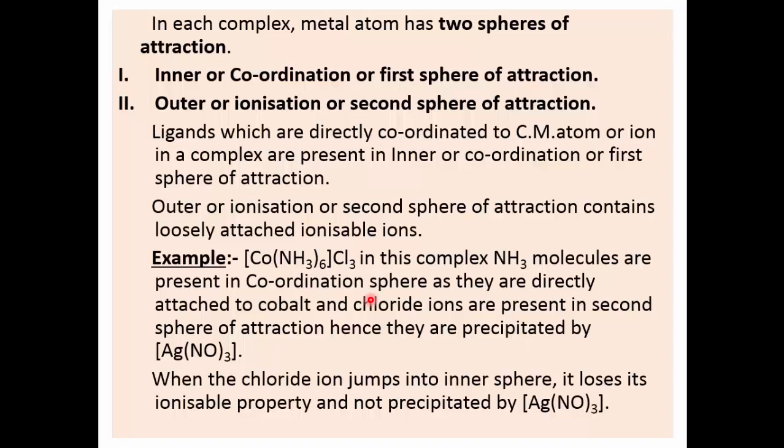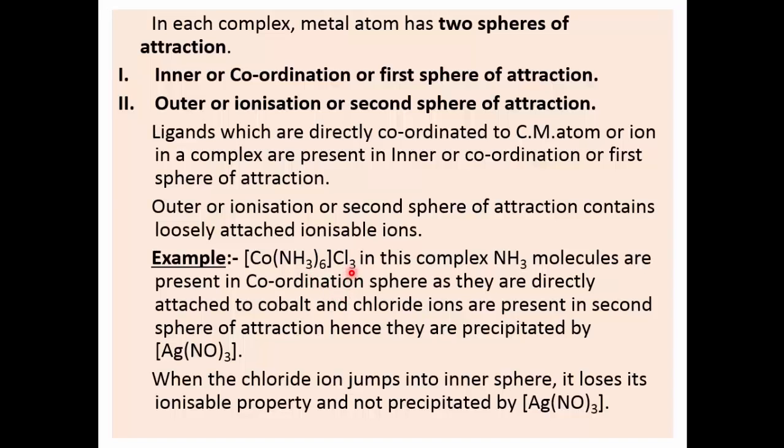So ammonia molecules are present in the coordination sphere, inner sphere or first sphere of attraction. These ammonia molecules are tightly held with the cobalt ion, directly attached to cobalt. So cobalt and these ammonia are present in the inner sphere, coordination sphere, first sphere of attraction.